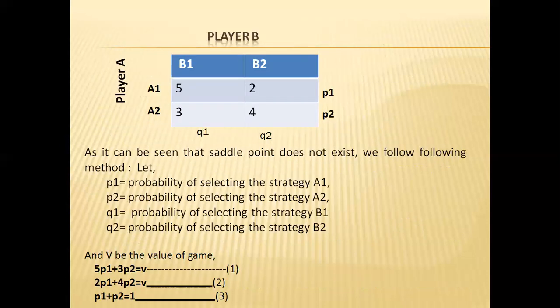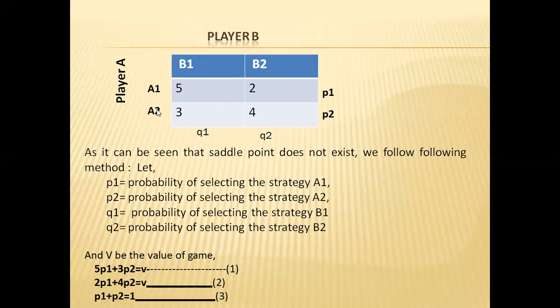Taking the situation of player A and player B as per the given question, the A1 row consists of 5 and 2. The minimum value here is 2 in the row A1, and this is applied with respect to player 1.